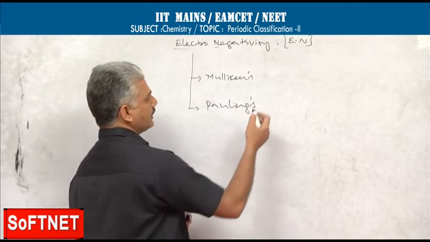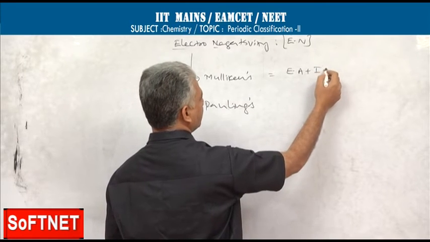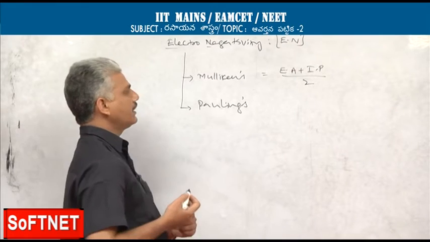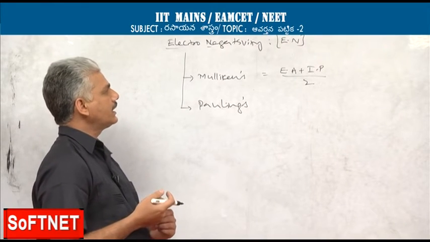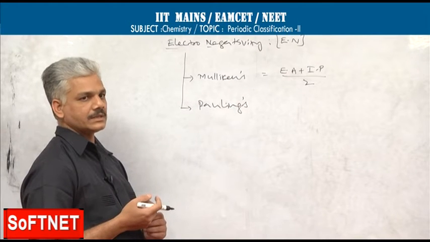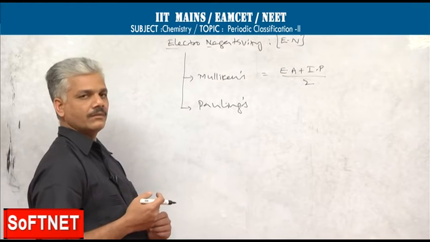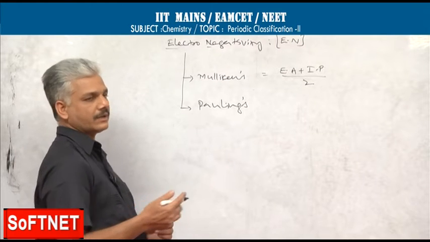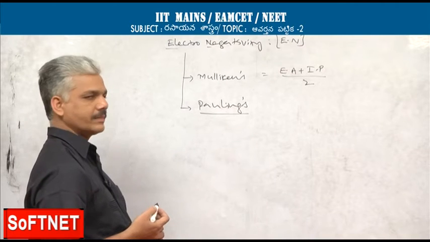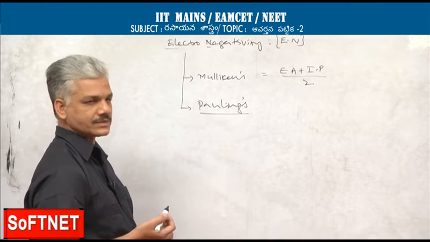According to Mulliken, electronegativity is the average of electron affinity and ionization potential. However, if we calculate the electronegativity values by using this relation, in most of the cases the values come out to be wrong. Hence, for calculation of electronegativity value, we make use of Pauling's scale, which is based on bond dissociation energy values.